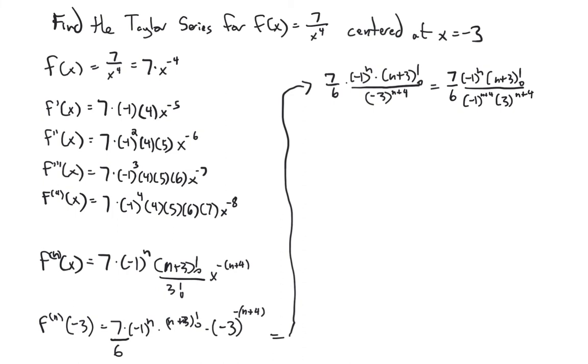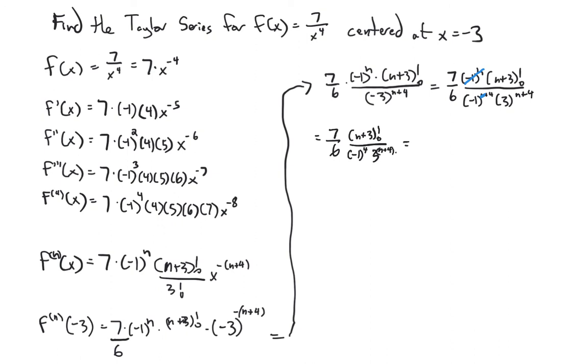Now you can see here that these n negative 1s are going to cancel off with these n negative 1s. And I'm left with 7/6 times this n plus 3 factorial in my numerator. And then I have negative 1 to the 4 in my denominator, and 3 to the n plus 4.